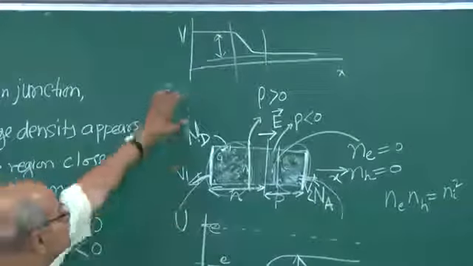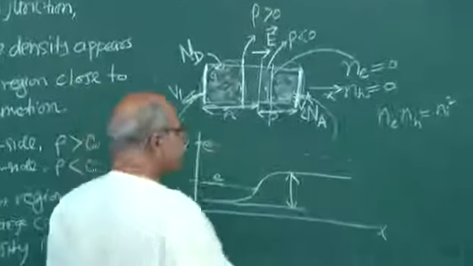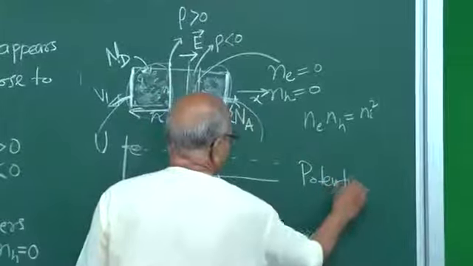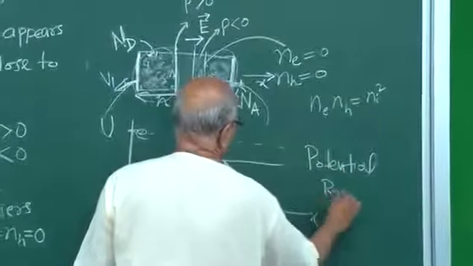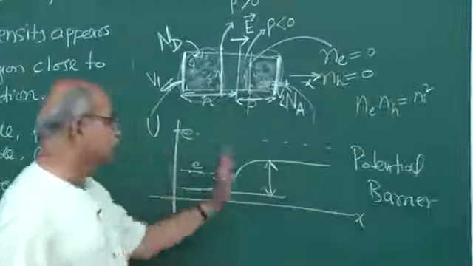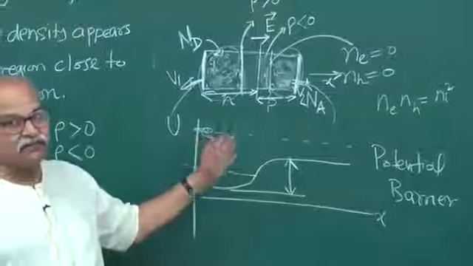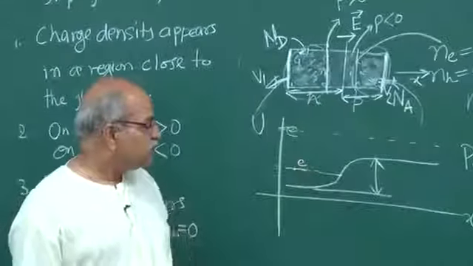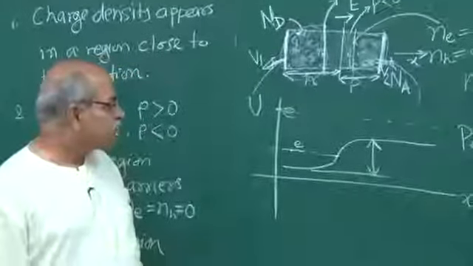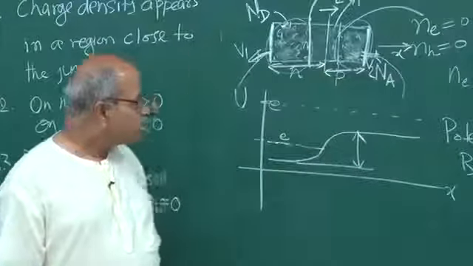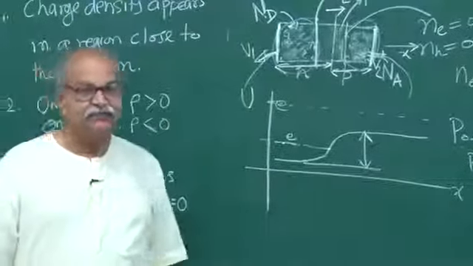This difference is known as the potential barrier. It opposes the diffusion of electrons from the n-type side to the p-type side. In our next lecture, we will derive the relation between this potential barrier and other parameters of this p-n junction.